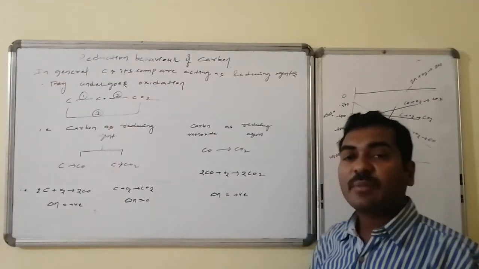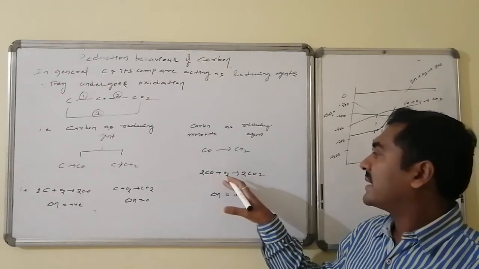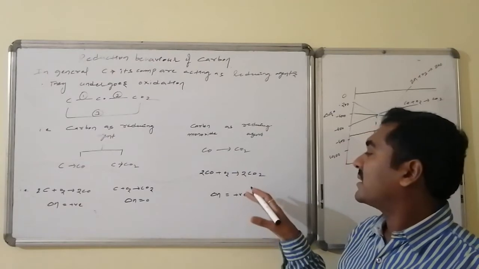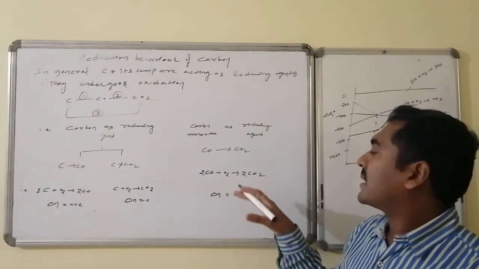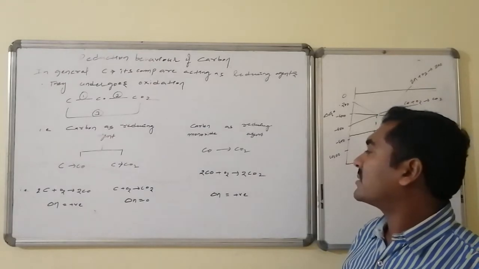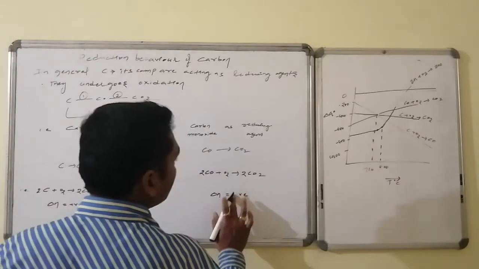Whereas in the case of carbon dioxide formation from carbon monoxide, the gaseous molecules are 2 plus 1, that is 3, and from 3, 2 are formed, so carbon monoxide plus oxygen is converted to 2 molecules of carbon dioxide, and here delta N is negative.